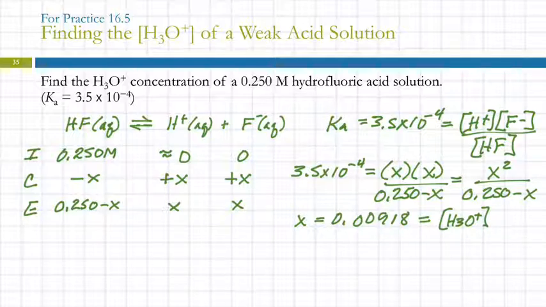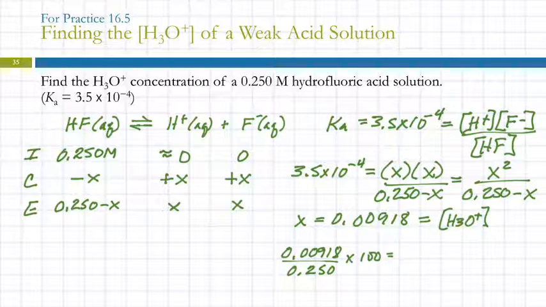We used the solver. Now that we know the true answer, we could look at that and determine whether the x is small approximation would be okay. We're looking to see if x is less than 5% of what it's being subtracted from.